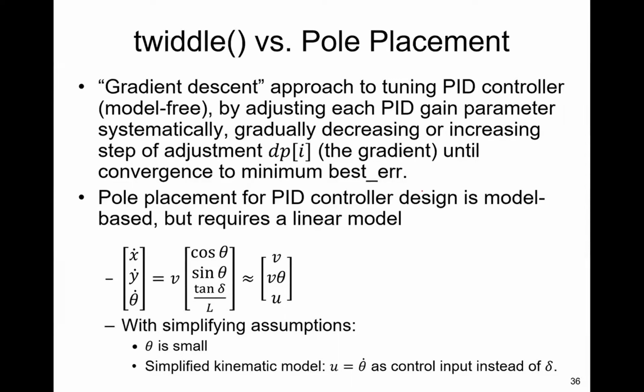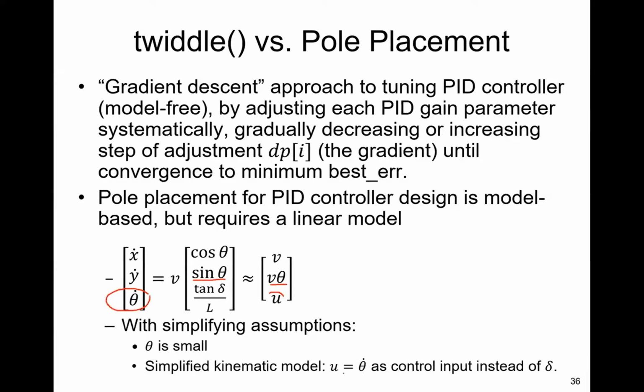So it's a very generic approach to tuning controllers, whereas previously we saw the pole placement approach for PID control design, where we did approximation, where sine theta is approximated as theta with a small angle assumption. And an additional simplification is to assume that the angular velocity theta dot can be directly controlled.